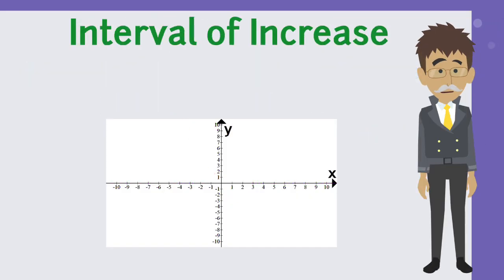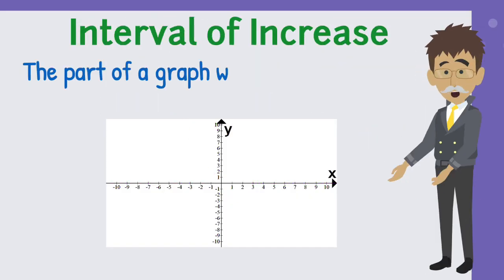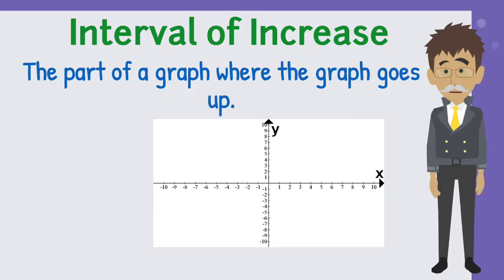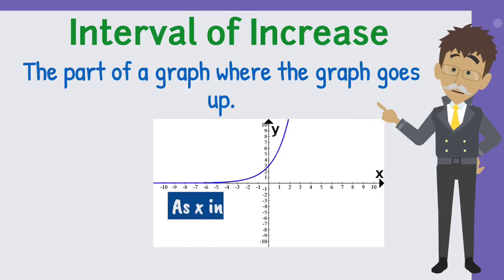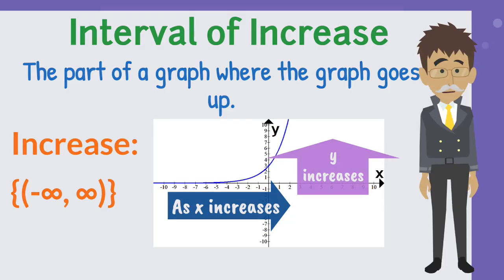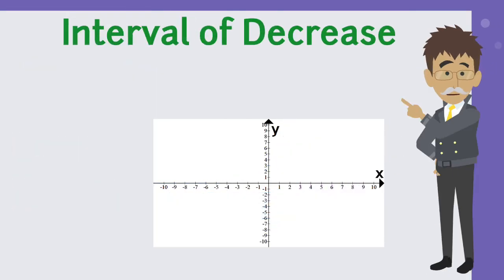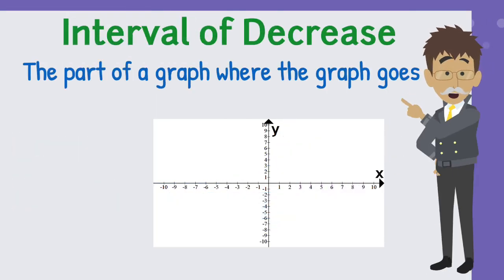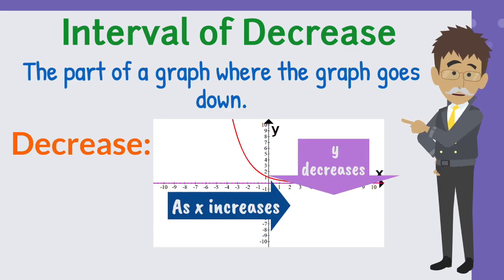Interval of increase. The part of a graph where the graph goes up. An exponential growth function increases for all x values. Interval of decrease. The part of a graph where the graph goes down. Exponential decay decreases for all x values.